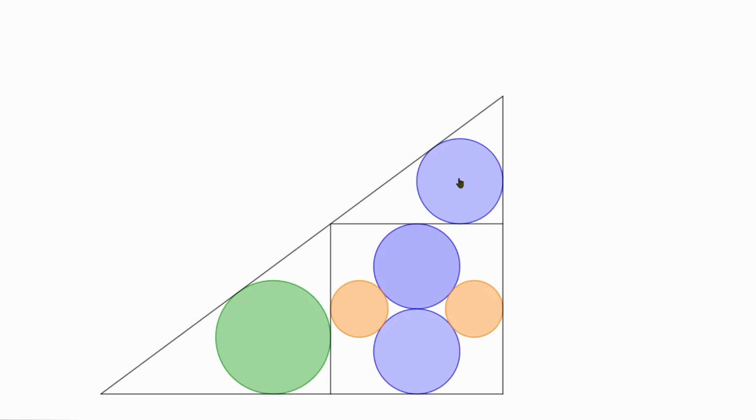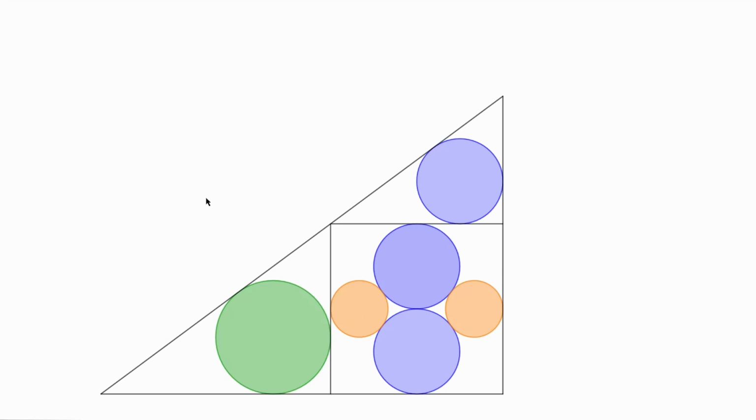If this blue circle seems to lie tangent to all of these different sides, then it does lie tangent to the different sides. And if a bunch of circles, like the blue ones, seem to be equally large, then they are equally large. Same with these orange circles, and same with these points of tangency between orange and blue circles.